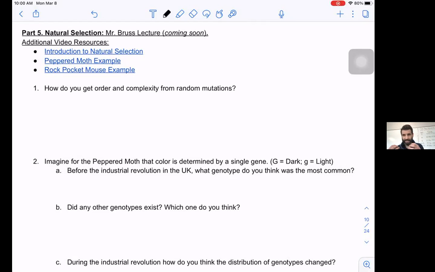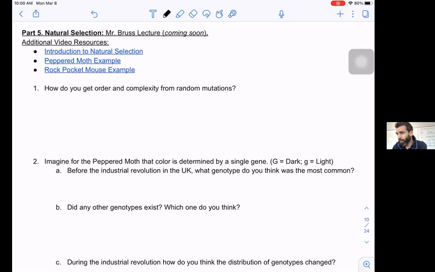But as the environment changes, as different organisms enter a new ecosystem because of changes in environment or human intervention, certain traits get selected for. And that's how this order and complexity happens, because there is pressure, there's selection. So that is a big question. This is like a graduate college level question.